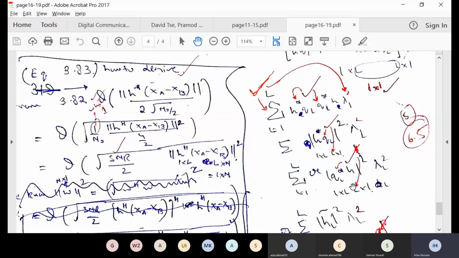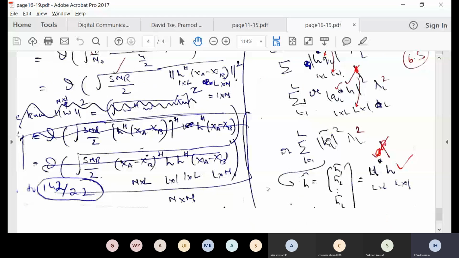Right, so QL cross H, and I can say that this is equal to some term, because again this is a scalar, a scalar square into lambda square. So each one of them will multiply their lambdas, these values, and sum them up, you will get a value.